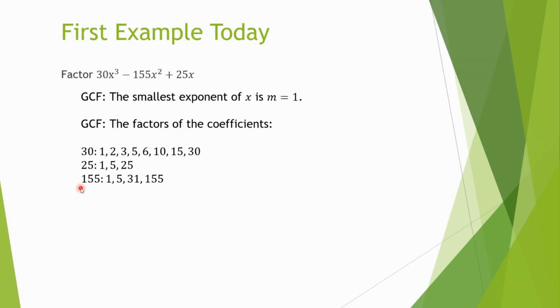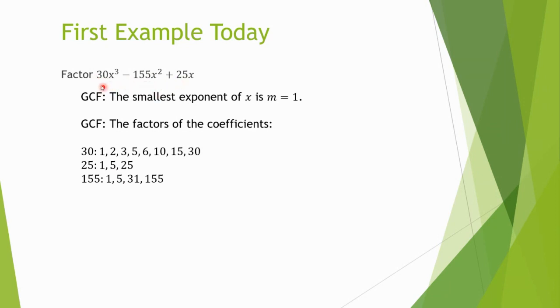I mean, really, you don't need the negative. But now when you list all the factors, you can see that 5 is the greatest common factor of the coefficients here. 5 is.